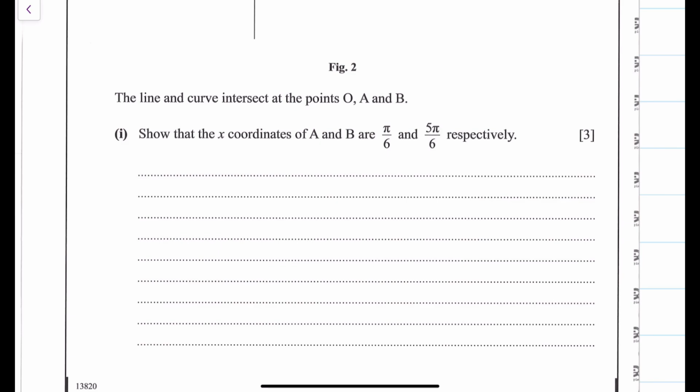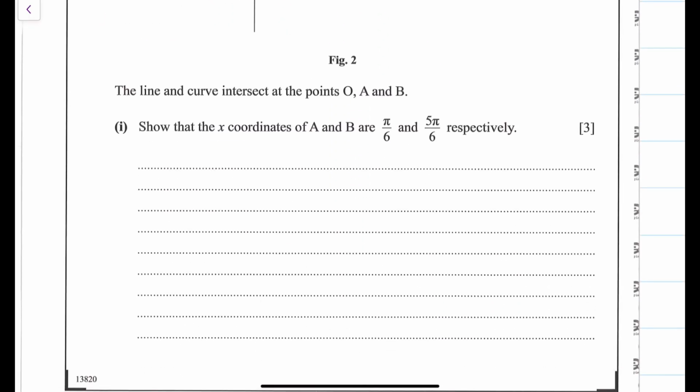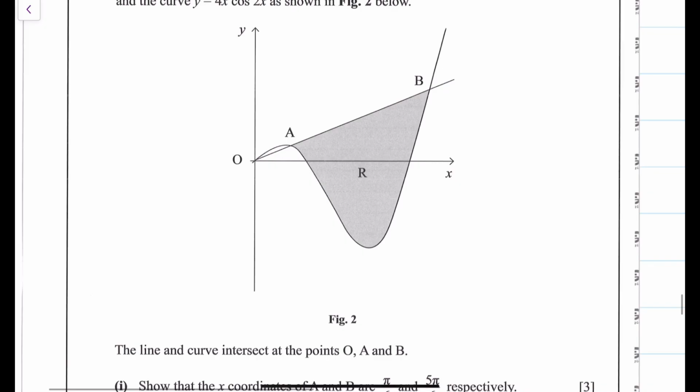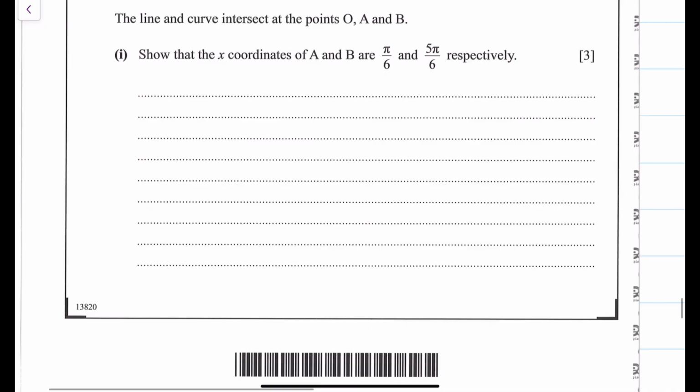So again, they've been very nice to you. Even if you can't find those points, they give you the points so that you can do the latter parts of the question. The curve was y is equal to 4x cos of 2x, and your line is y is equal to 2x. So just put those two things equal: 2x equals 4x cos of 2x.